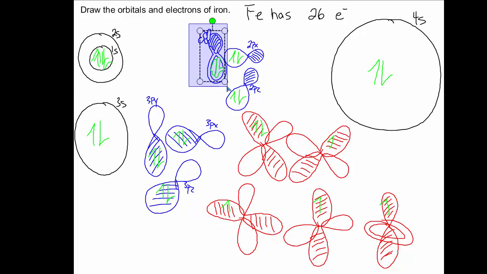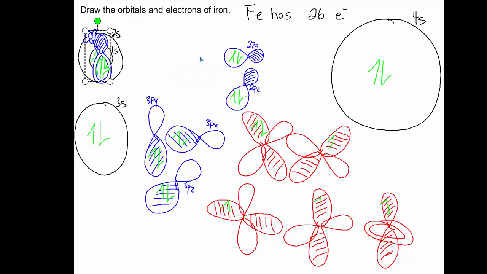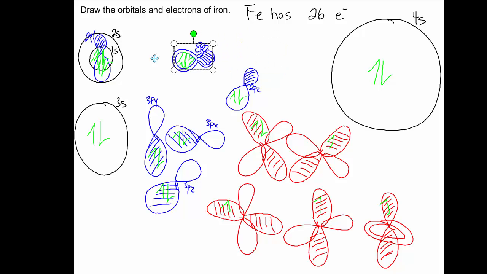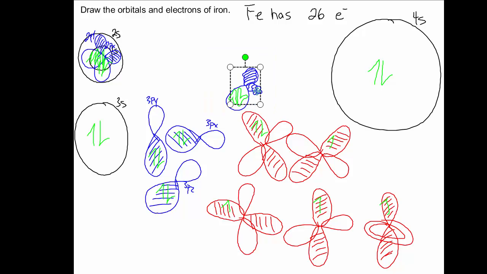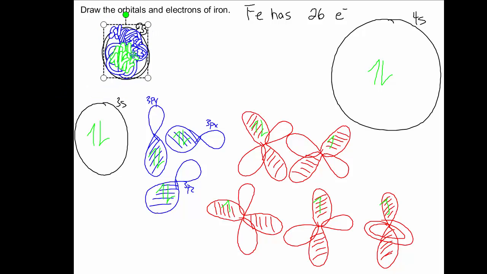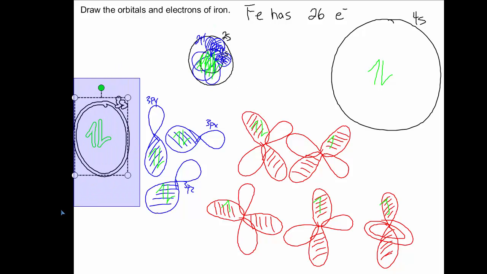Now I'm going to go from 2s, I'm going to move over to 2p. Notice how they're the same size. That was 2py, I'm not doing this in any particular order, 2py, 2pz. And I'll move them in. So there's 1s, 2s, 2p. I'm going to need a little bit more room, so I'm just going to move this over to the center again. What comes after the 2p orbitals are filled?